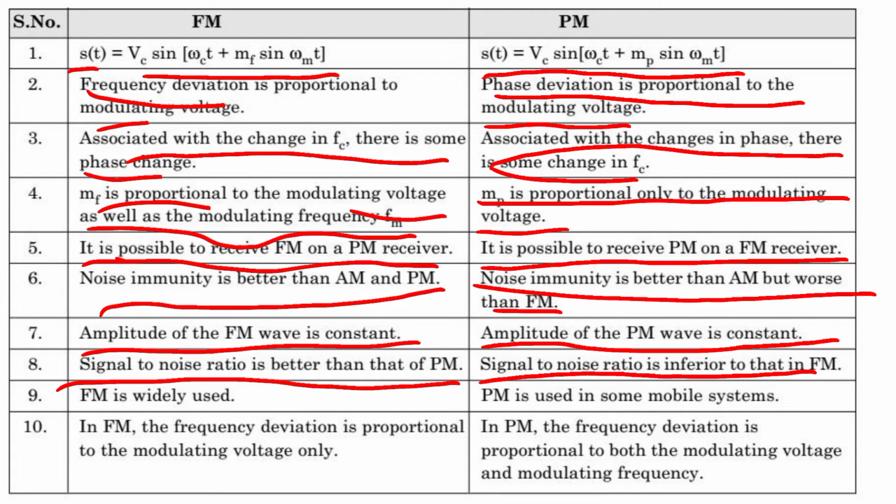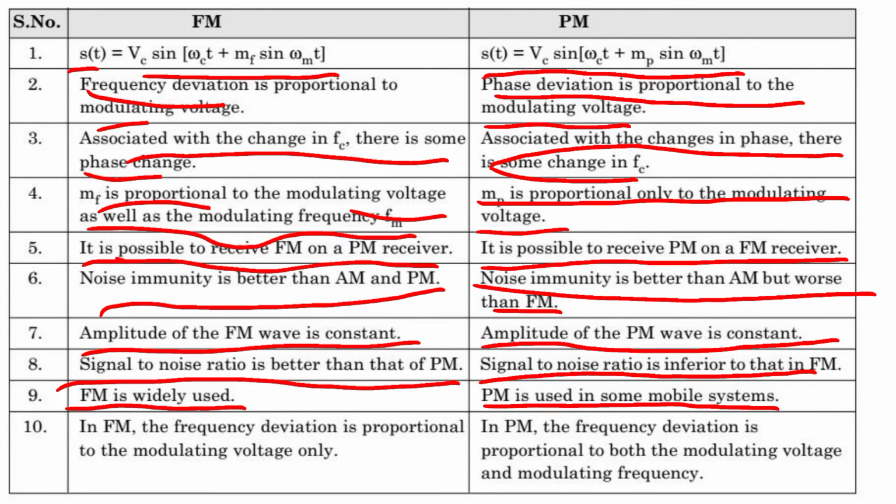Now coming to the ninth point, FM is widely used. We know almost every radio station uses frequency modulated waves. And PM is used in only some mobile systems.